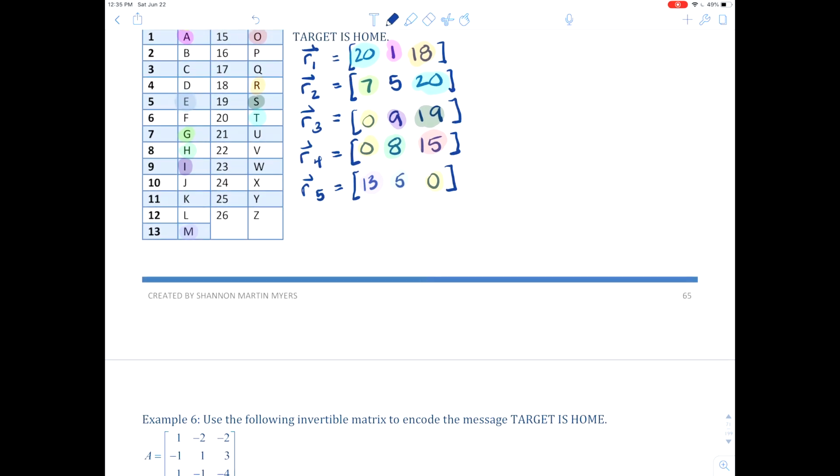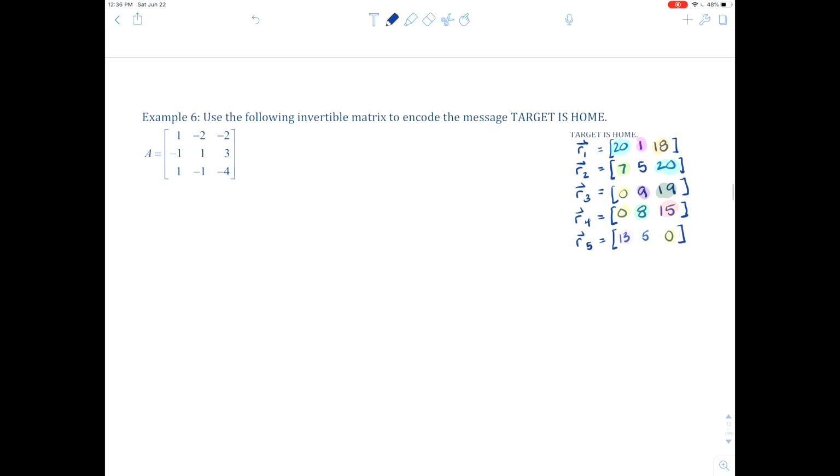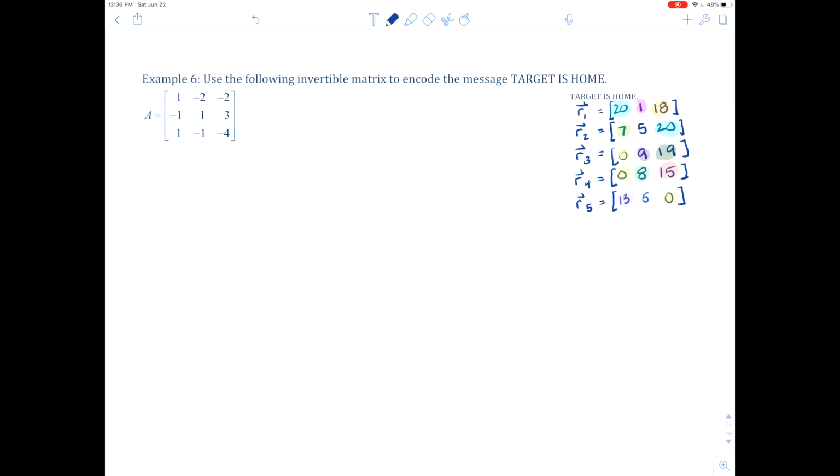Okay, so in order to encode that message, we're going to be multiplying each of our rows by this matrix A, and we'll get this other result. We have our row matrices for reference. Let's do it.